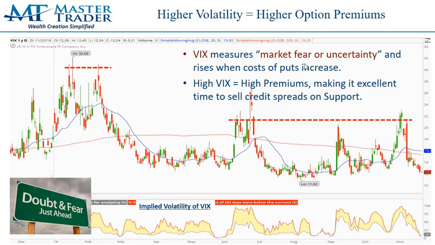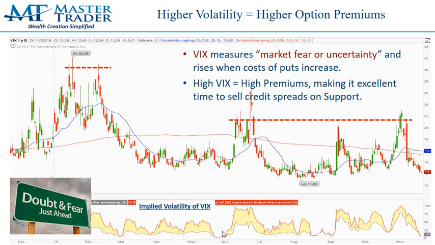It just shows you a measure of the market's fear or uncertainty. Every time the VIX rises, fear or uncertainty is rising, and that's increasing the demand and cost of put options, and that's why the prices of them go up. So high volatility equals high option prices.